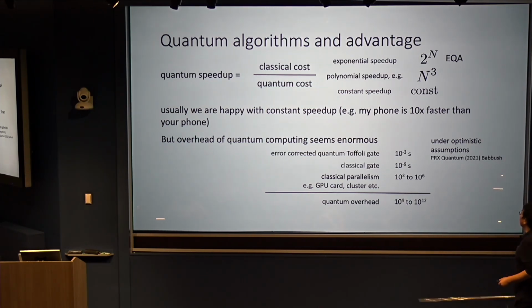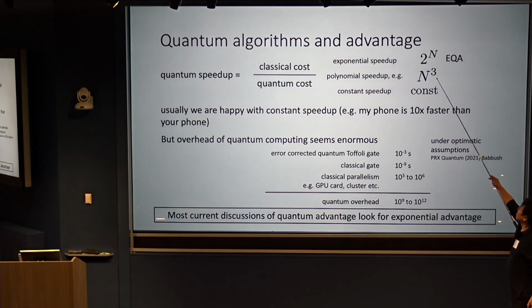Okay. And so in this case, if you have just a constant speedup, even if it were 100 times, it's not going to beat this overhead. And so for this reason, most people try to think about whether or not they can get exponential speedup on a quantum computer with a quantum algorithm, because it essentially would eventually negate any of this overhead.